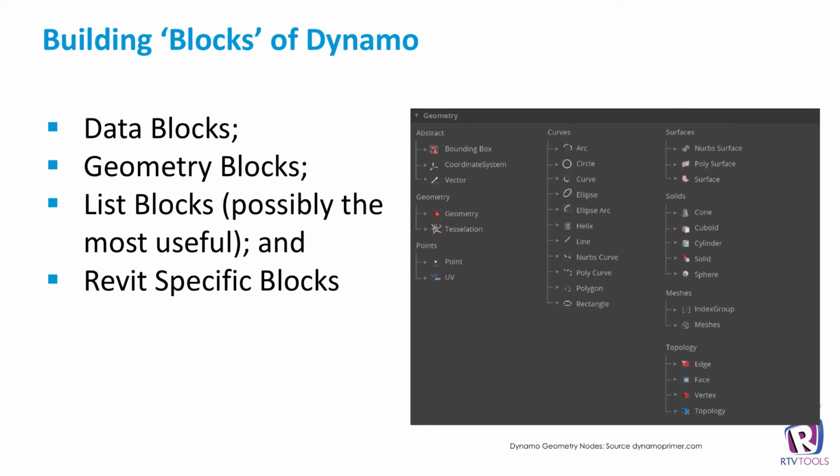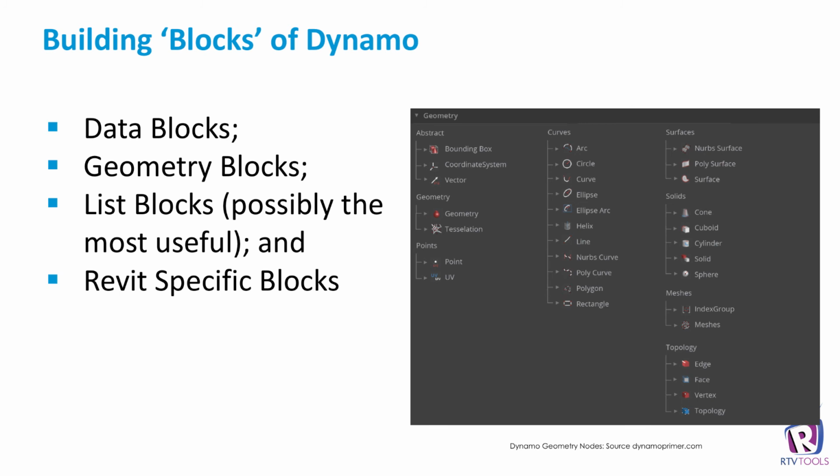I feel this is probably the most useful set of nodes or blocks in Dynamo, because one of the fundamental things to understand is when you work with Dynamo, it's a lot to do with managing a list. Once you get that understanding that it's a list of data and you're editing that list of data, and you need to keep the format of the data consistent, it makes everything else flow so much easier.